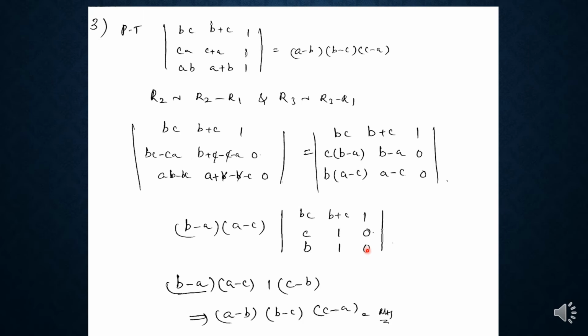So now by using the Laplace expansion according to the third column, we will get 1 into C, 1 into CC minus B. So this can be written as A minus B into B minus C into C minus A. That is equal to A minus B into B minus C into C minus A.